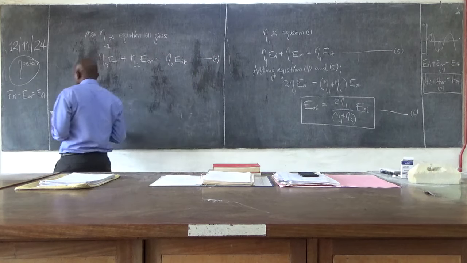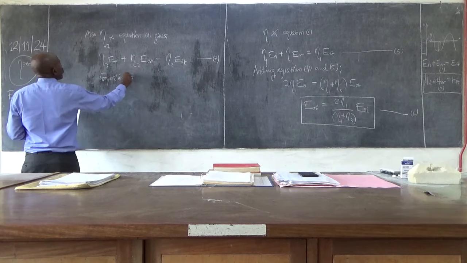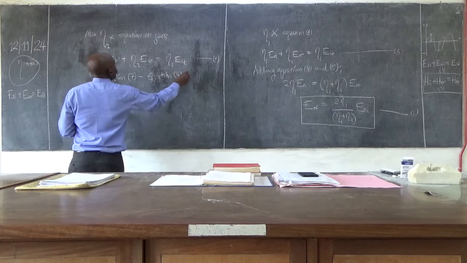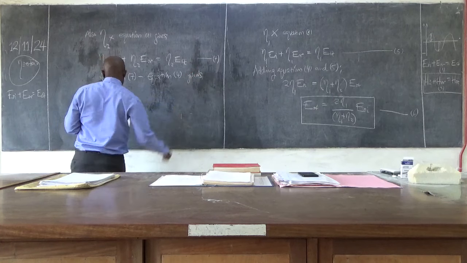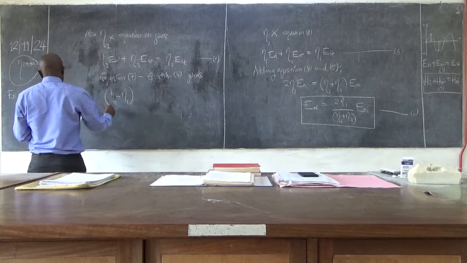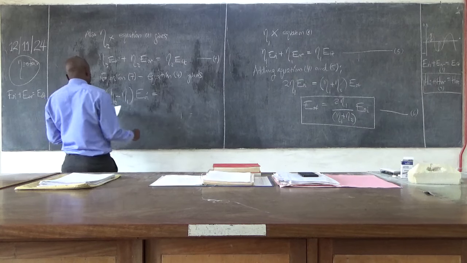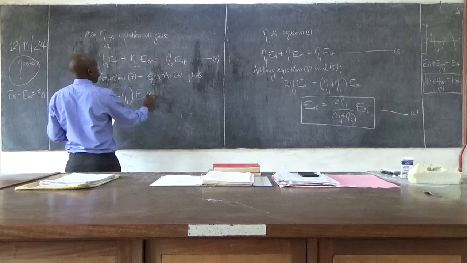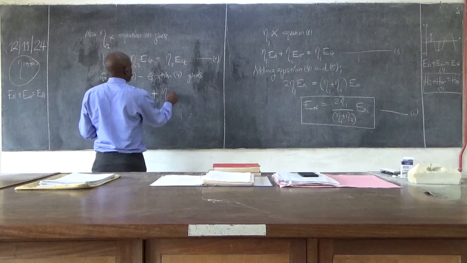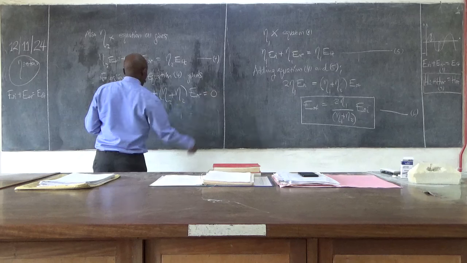Equation 7 minus equation 4 yields eta 2 minus eta 1 times E naught I, equal to eta 1 plus eta 2 times E naught R, equals 0.